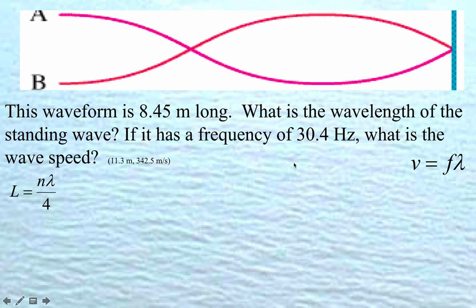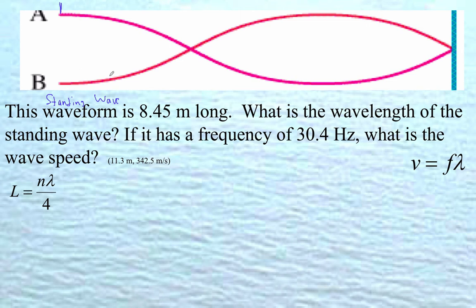All right, so let's go full tilt here. This is so cool that I'm going to choose my blue pen. So this waveform, and when I say waveform, the waveform is the length of the standing wave. So waveform is also, we could say, standing wave. If this wave is on a guitar string, it's the length of the guitar string. If it's a standing wave in a trumpet, it's the length of all that tubing in the trumpet that's selected by the valve configuration you're pressing at that moment.